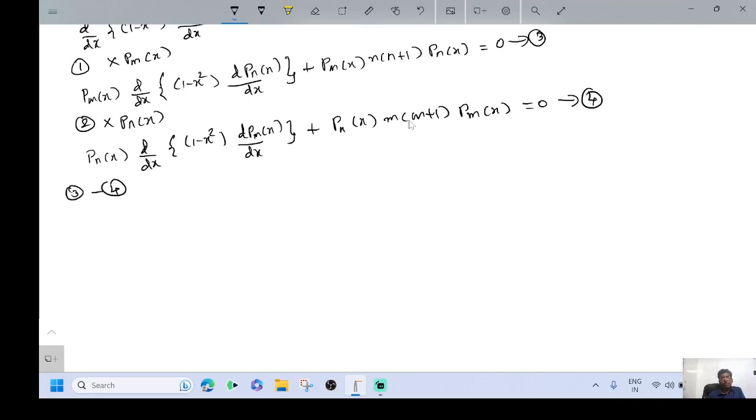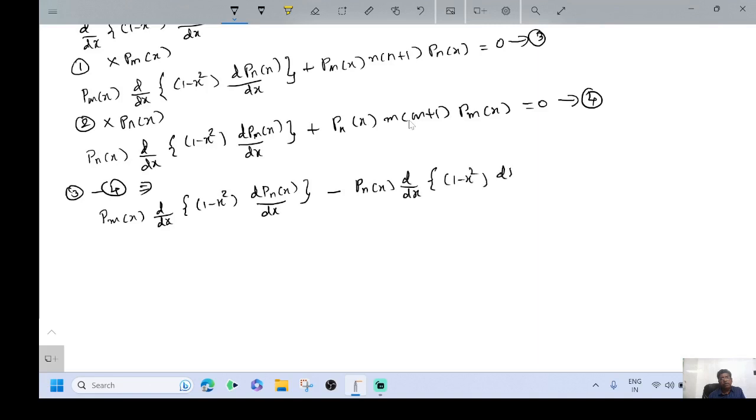Now find equation 3 minus 4. It gives Pm of x d by dx of (1 minus x square) dPn of x divided by dx minus Pn of x d by dx of (1 minus x square) dPm of x divided by dx.